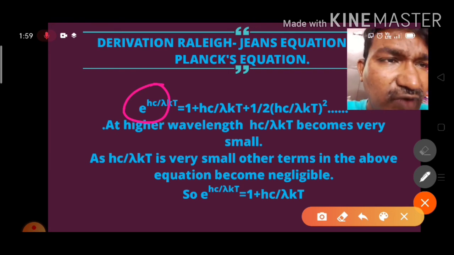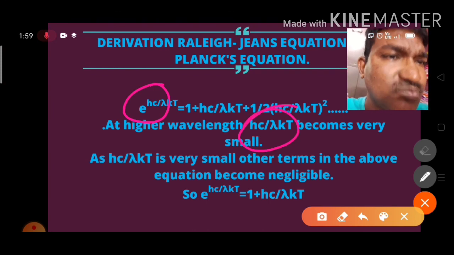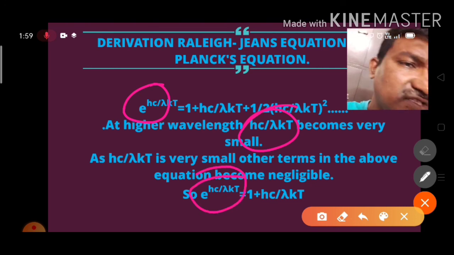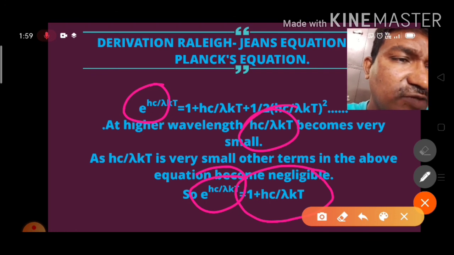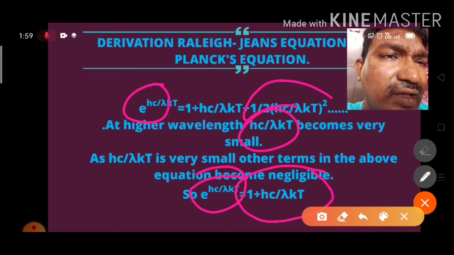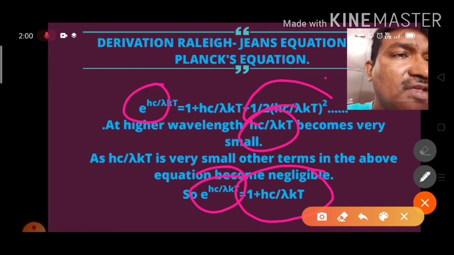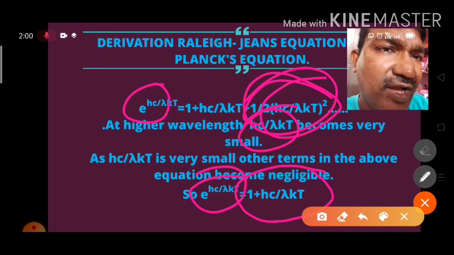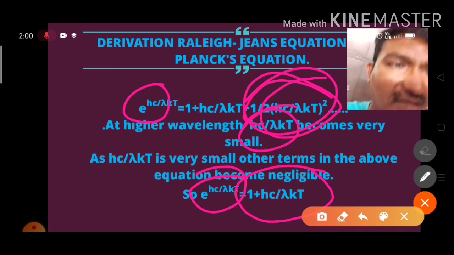But at higher wavelengths, the hc by lambda kT value becomes very small, so we can write e to the power of hc by lambda kT as 1 plus hc by lambda kT, because the value itself becomes very small, so there will be no meaning for the other terms. So we can write e to the power of hc by lambda kT as 1 plus hc by lambda kT.